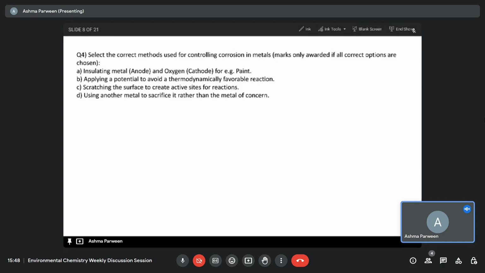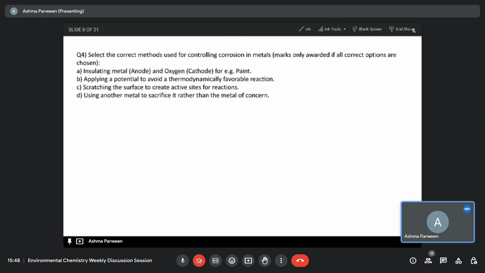The first option is insulating the metal, where the metal is the anode and oxygen is the cathode, for example, paint. Next is applying a potential to avoid a thermodynamically favorable reaction. Option C is scratching the surface to create active sites for reaction. And last is using another metal to sacrifice it rather than the metal of concern.